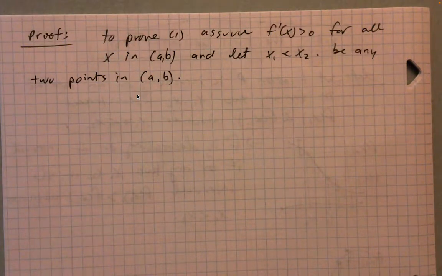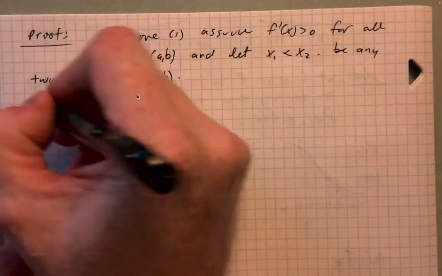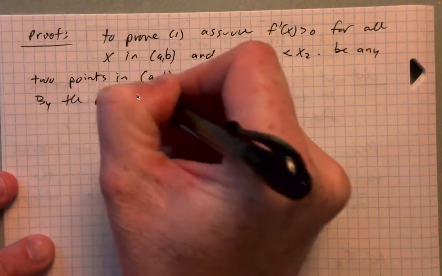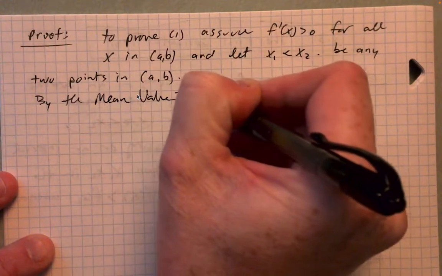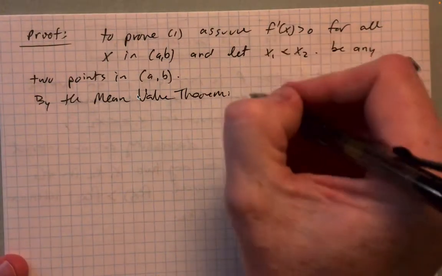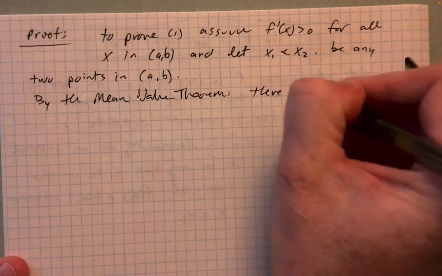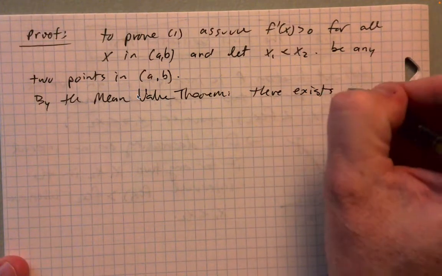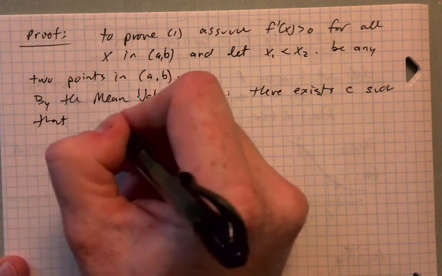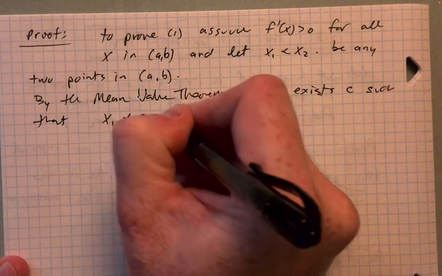Okay, then by the mean value theorem, there exists a C such that x1 is less than C is less than x2.